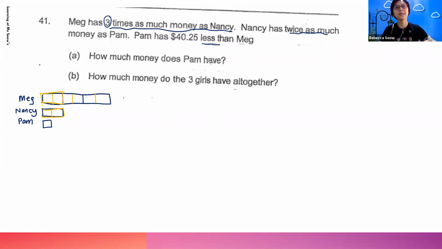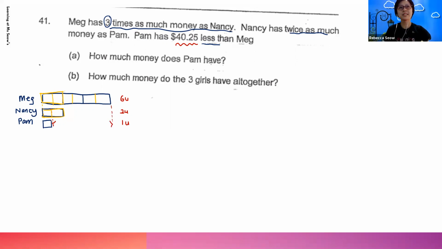Perhaps if we put the number of units by the side, that would really help us in the calculation. So Meg has 6 units, Nancy has 2 units worth of money, and Pam has 1 unit. And where can we put our $40.25? What exactly is $40.25? The question says Pam has $40.25 less than Meg. So we are actually comparing Pam and Meg.